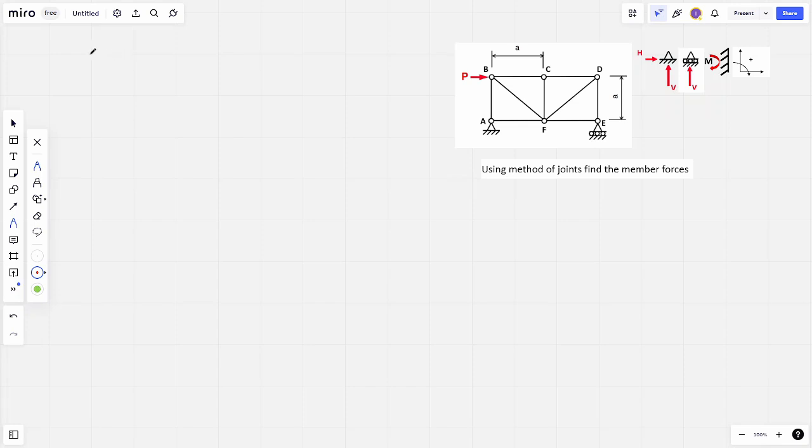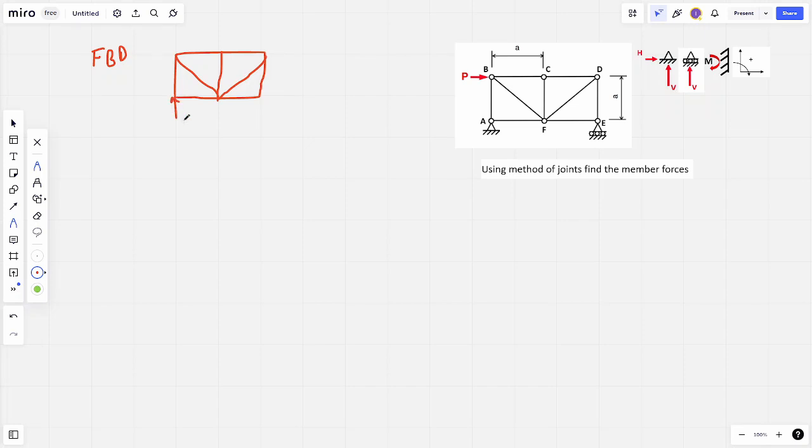So let's begin with a free body diagram to find out what we have at points A and E. Again, with a free body diagram, we're just going to draw the general shape. We're going to label what we have. So we've got a pin support at point A. Again, using the key, we've got a resultant vertical force and a horizontal force.